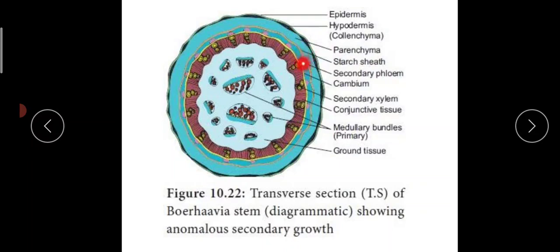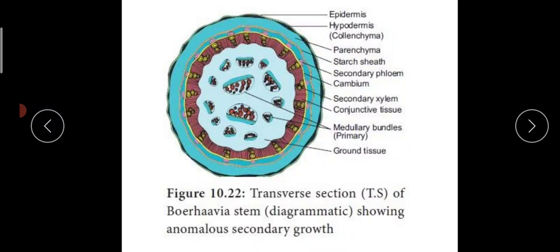Vascular bundles will be formed in between the bundles of the previous ring, so each ring will be formed in an alternating manner.